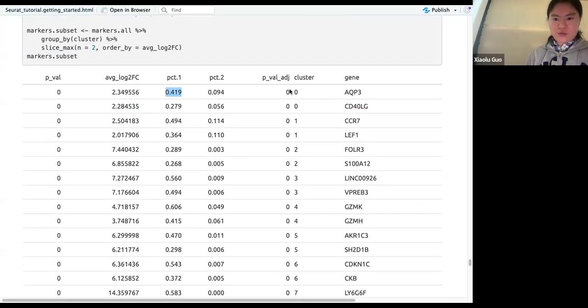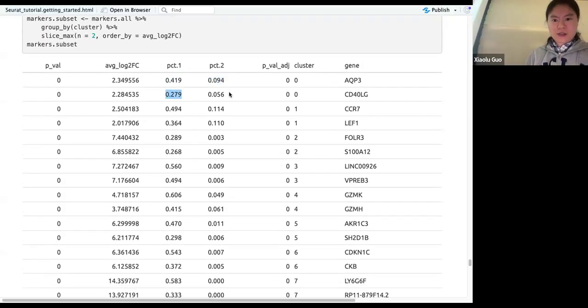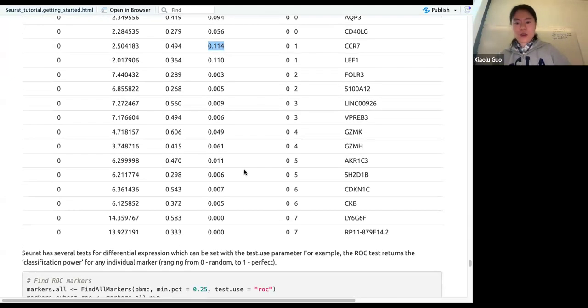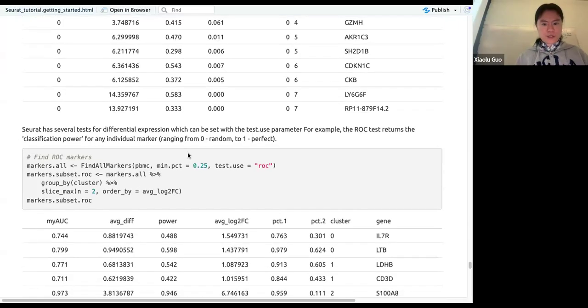Here is the percentage expressed in cluster 0, and here is the percentage expressed in the other clusters. For cluster 1, we see CCR7 is a marker gene with a log2 fold change of 2.5, expressed in cluster 1 at 50% and in all the rest of the clusters at 10%, etc. So that's how this looks.